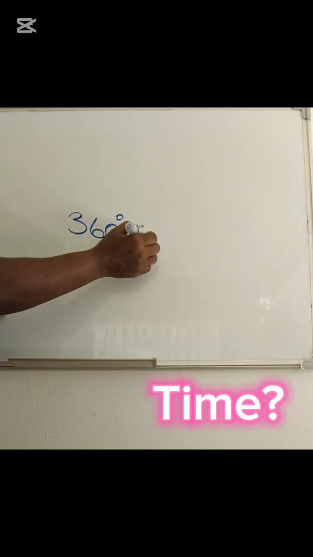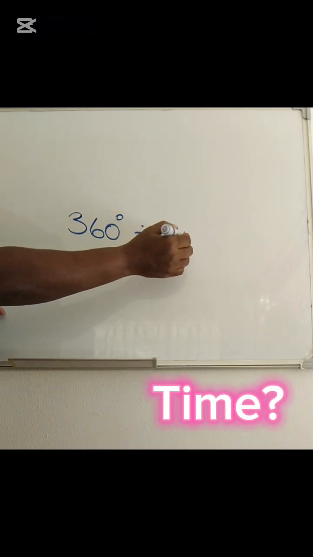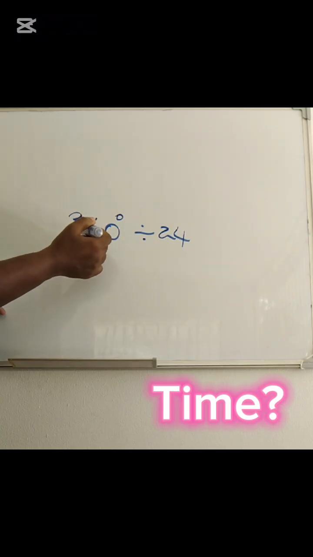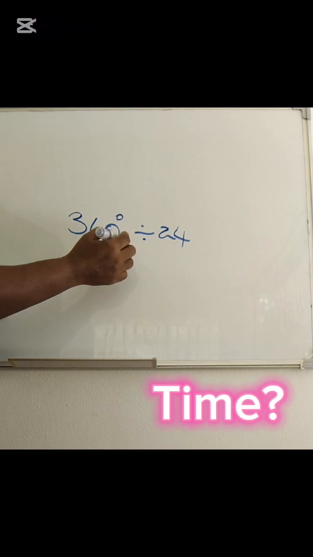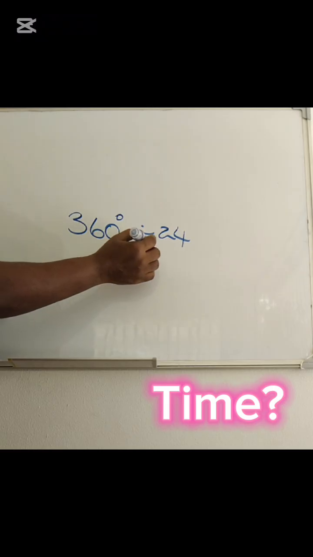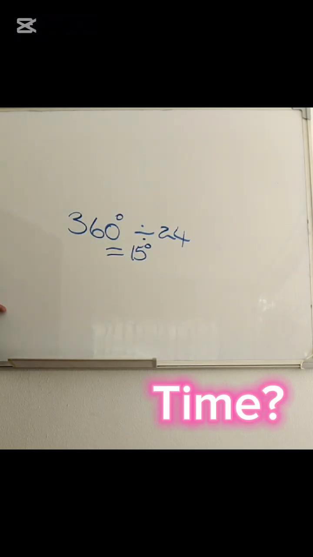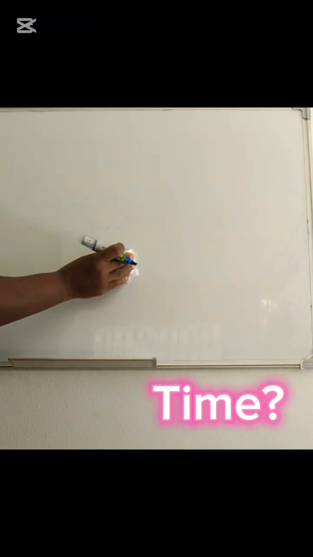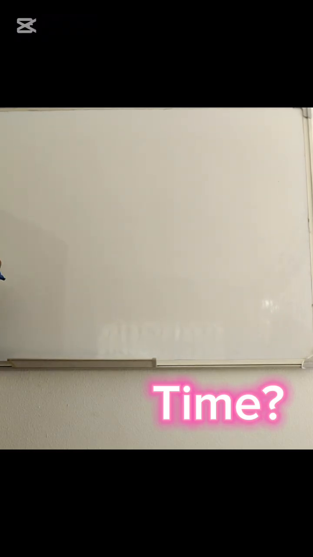So for us to find out how many degrees it rotates for each hour, we would have to divide 360 degrees by 24, and that gives us 15. So we know that for every hour it actually rotates 15 degrees. Okay, I'm going to illustrate that here using the lines of longitude.